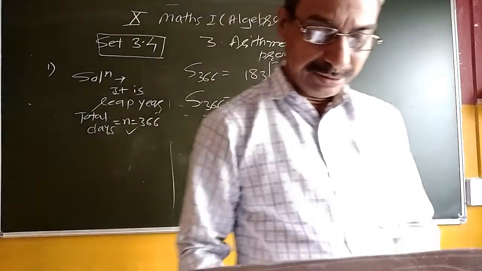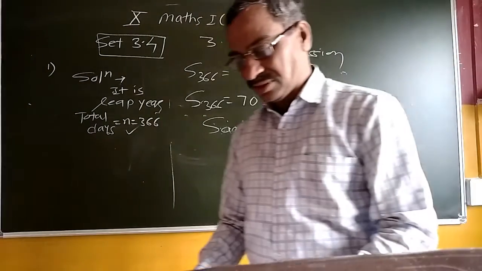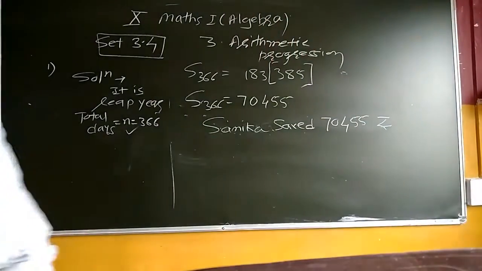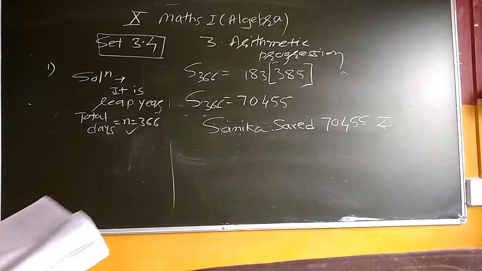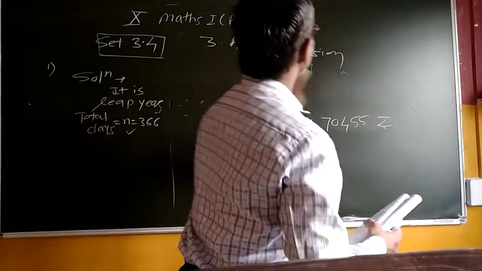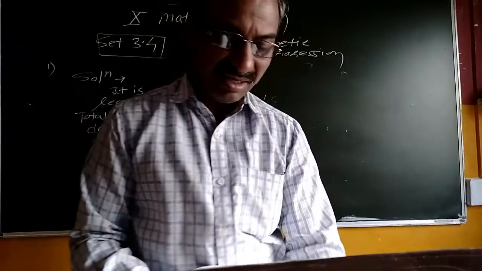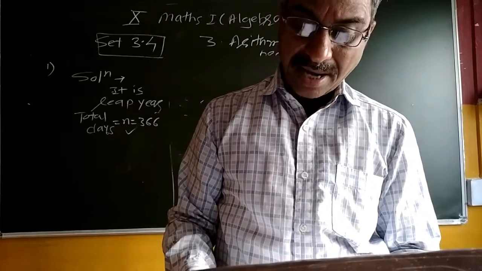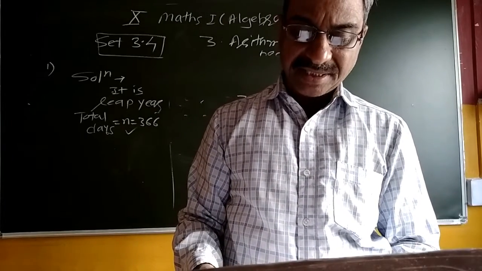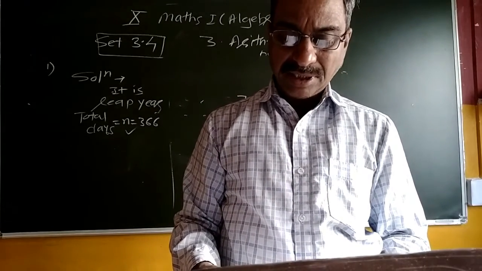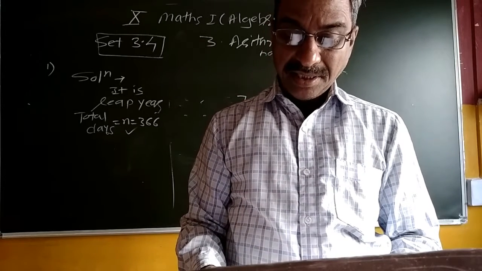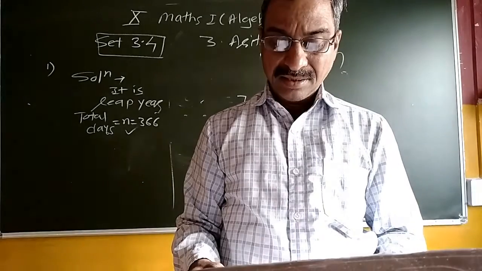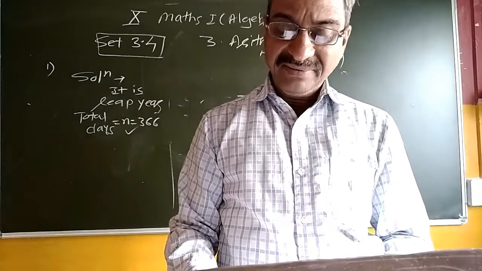So we are going to turn to question number 2. I will read. Second example. A man borrows 8,000 rupees and agrees to repay with a total interest of 1,360 in 12 monthly installments, each installment being less than the preceding one by 40.